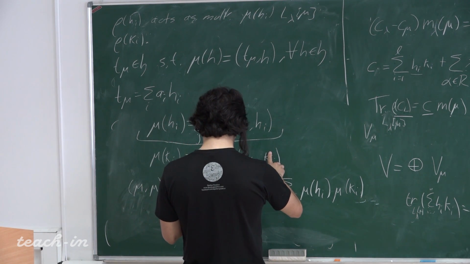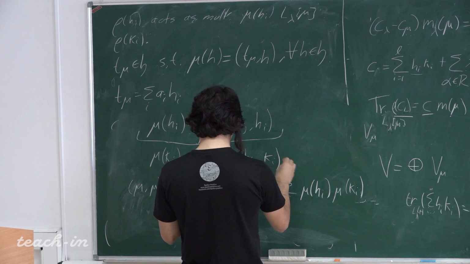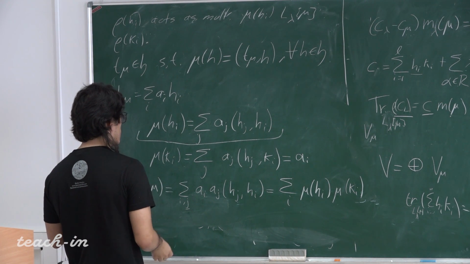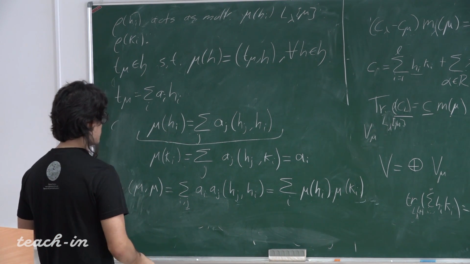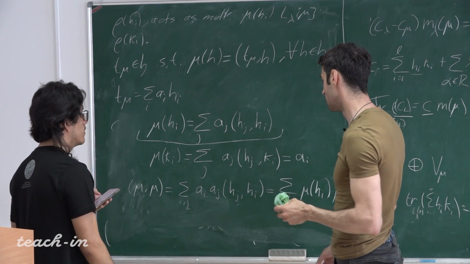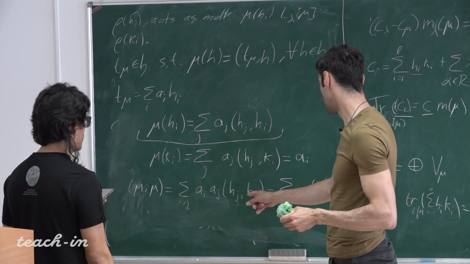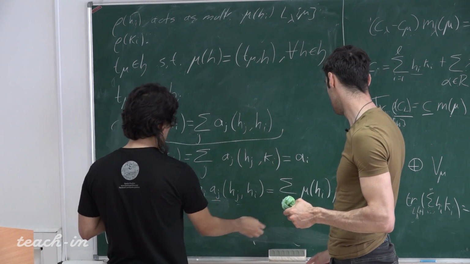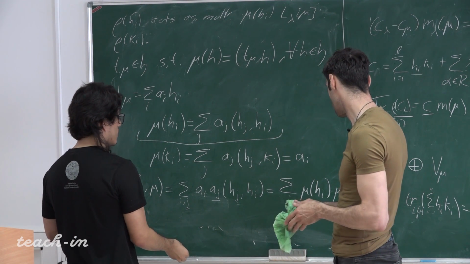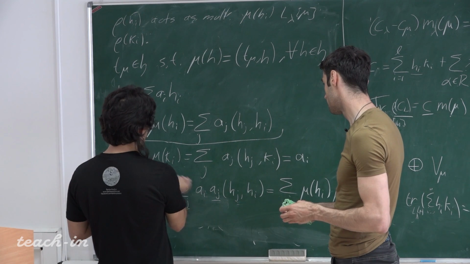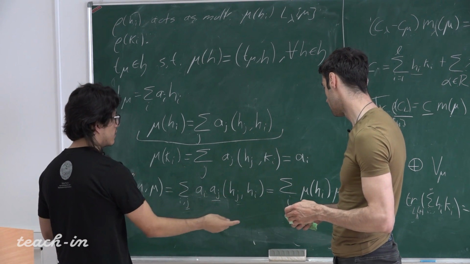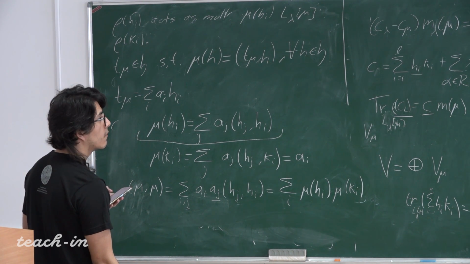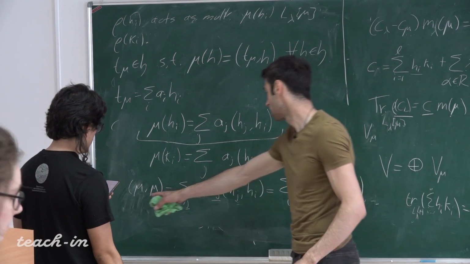No, this one is okay. Yes, this is AI. And then you plug it into here. And then you get that, because we are just summing on J, we still have I. So we can put this here. Okay, but from here to here, how do you get it?